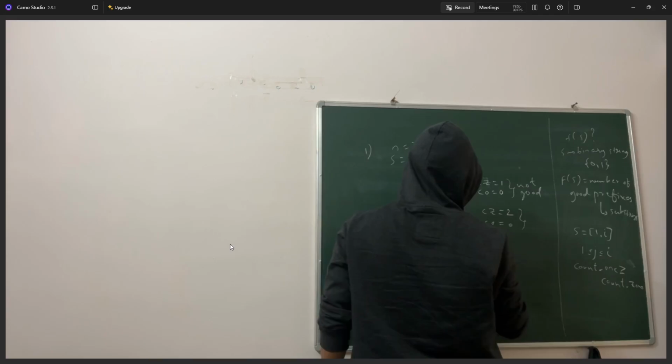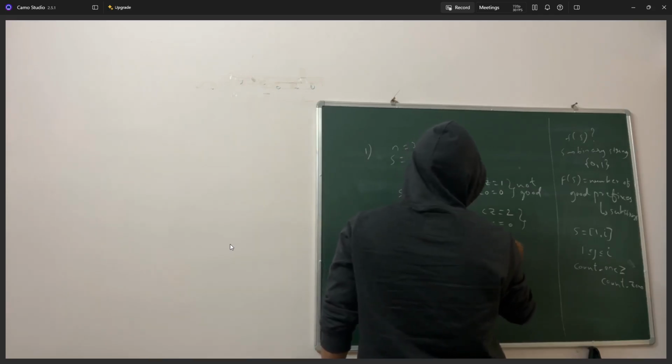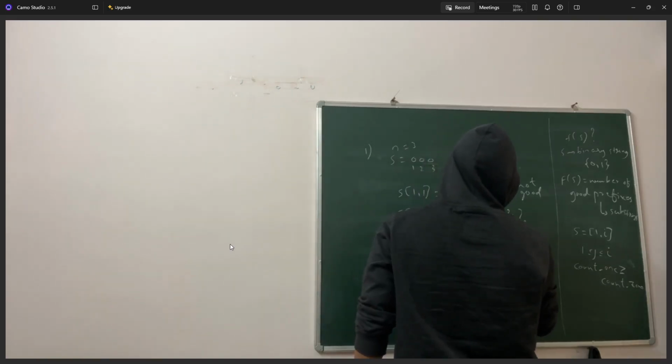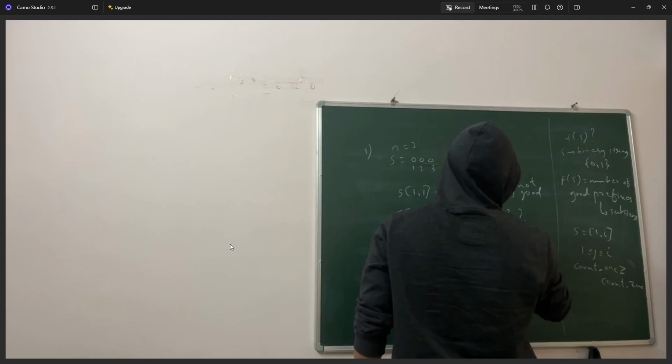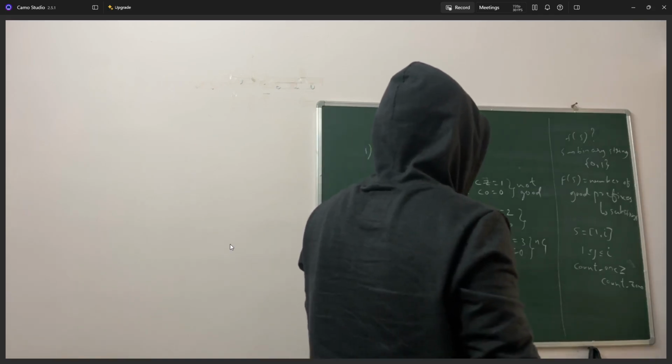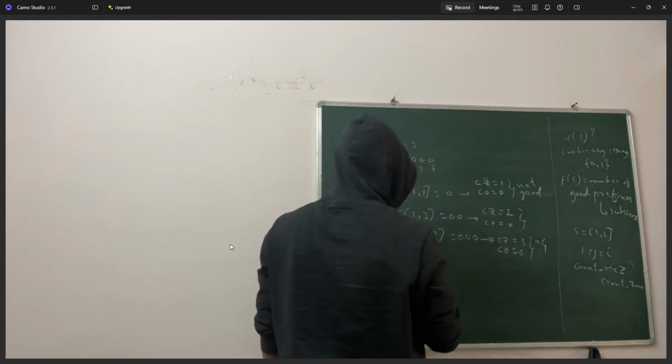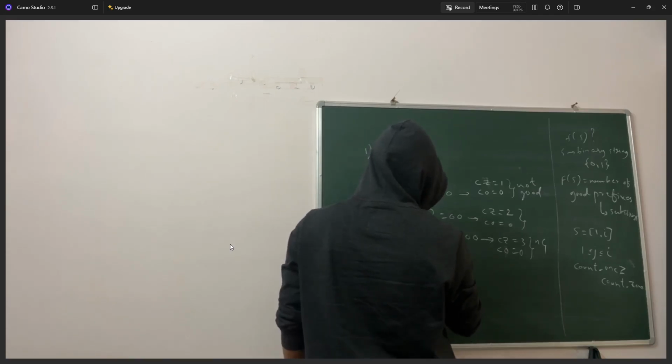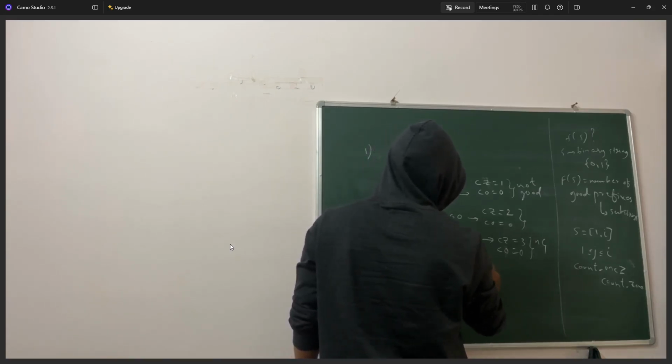It's also not good. Here count of 0 is 3 and count of 1 is 0. It's also not good. So we don't have any good prefixes or substrings. So here f(s) is going to be 0, so we need to print 0.